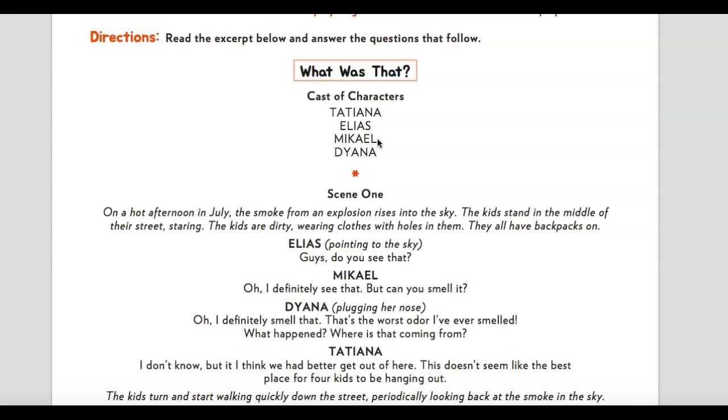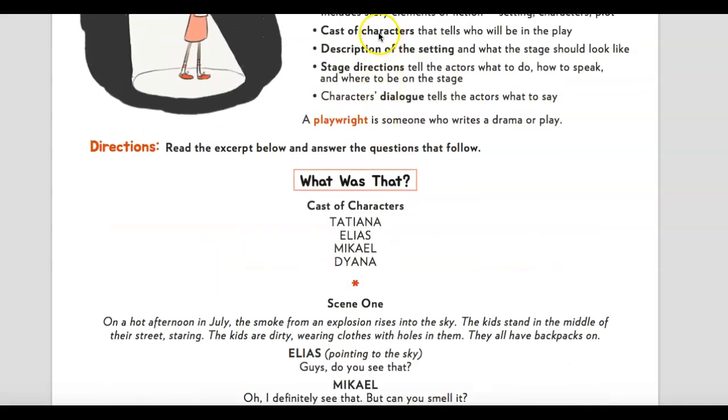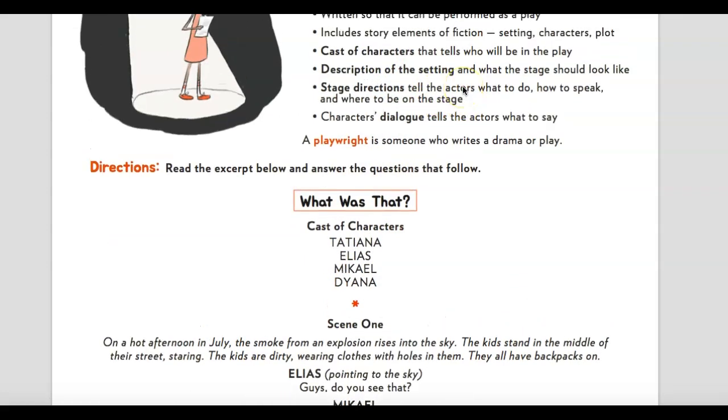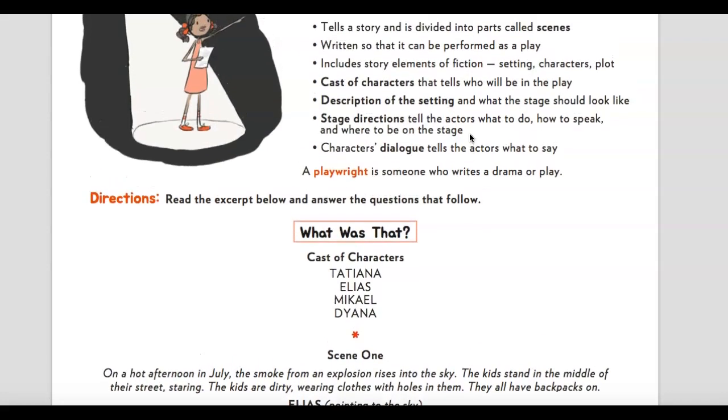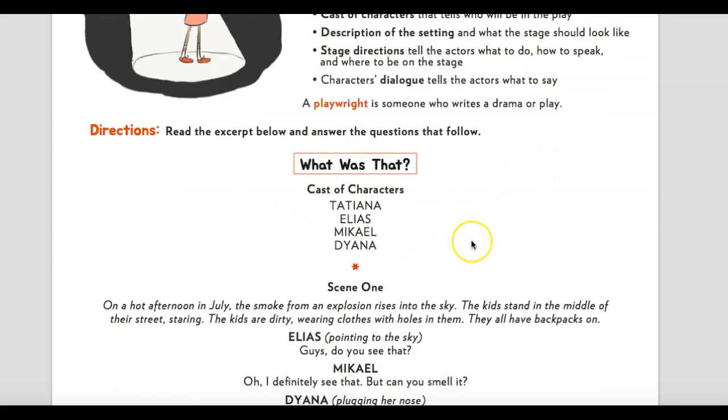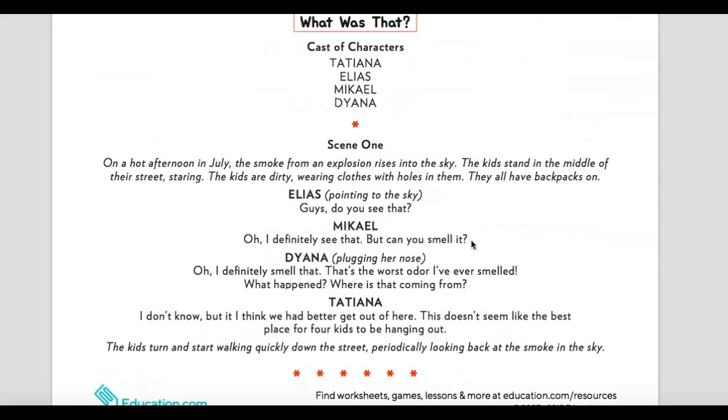So there's your cast of characters right there. And then it says that it is divided up into scenes. A drama tells a story and is divided into parts called scenes. So on this particular one, we just have scene 1.